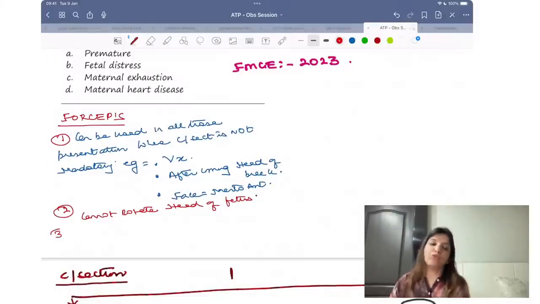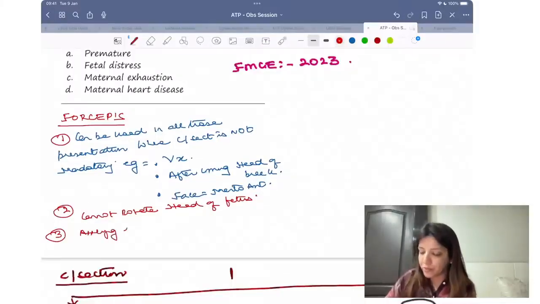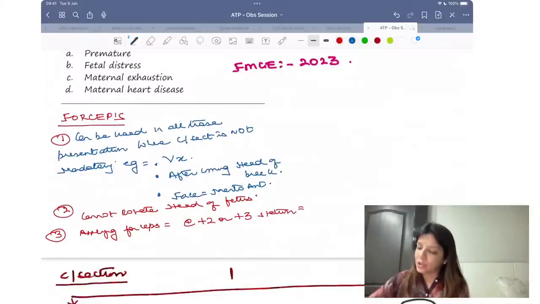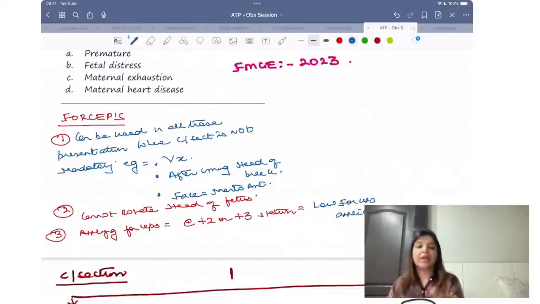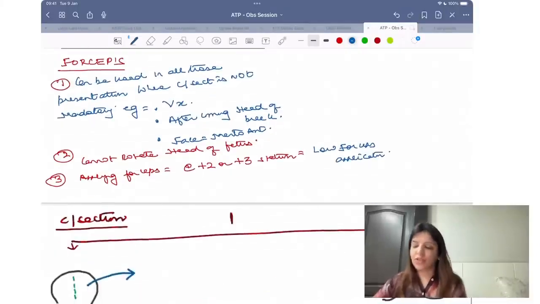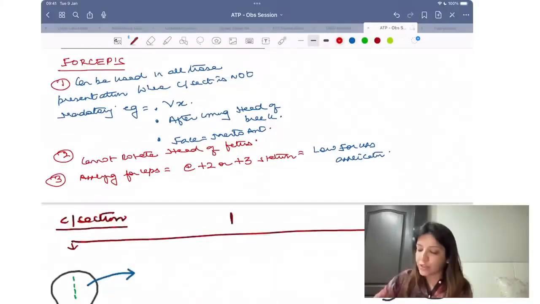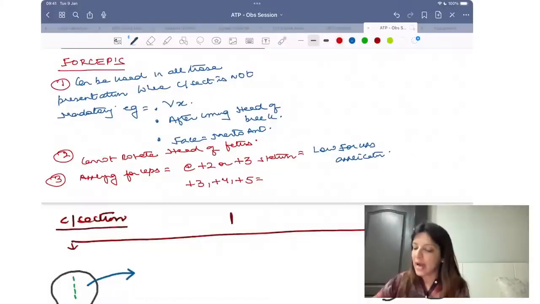Third important point about forceps: when you apply forceps at +2 or +3 station, that is called low forceps application. And if you are applying forceps at +3, +4 or +5, that is called outlet forceps application.